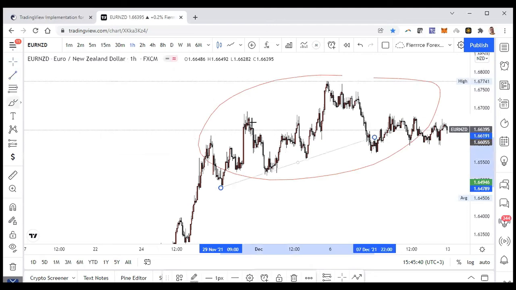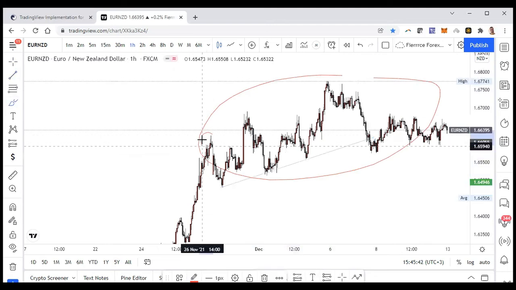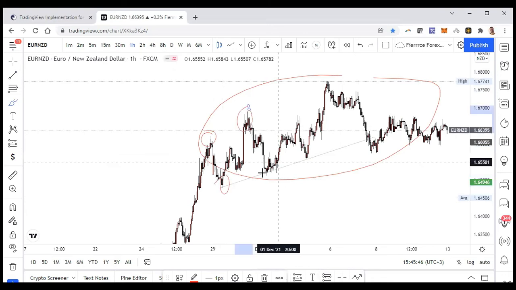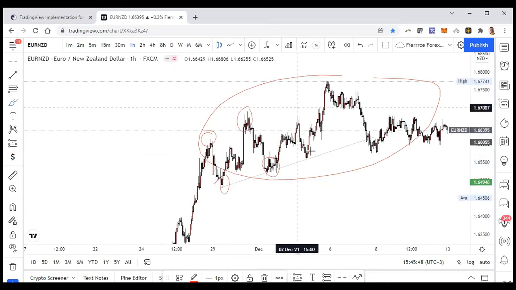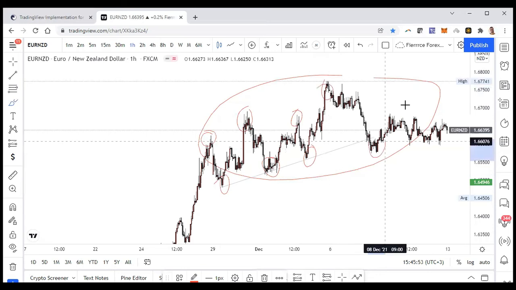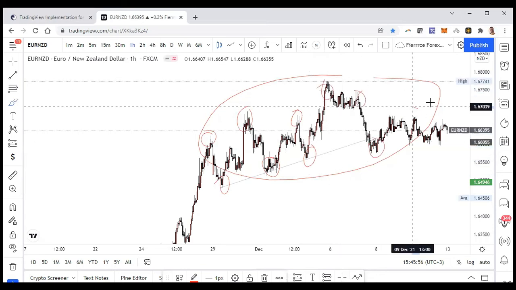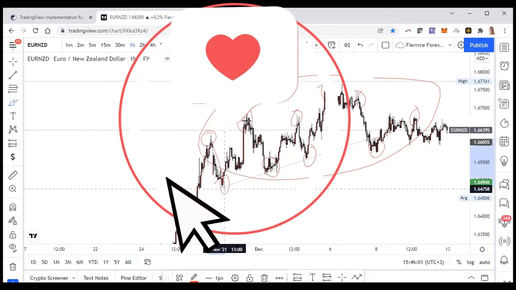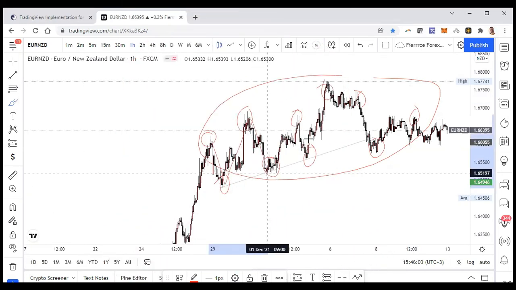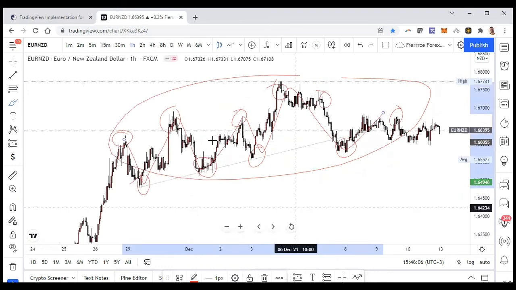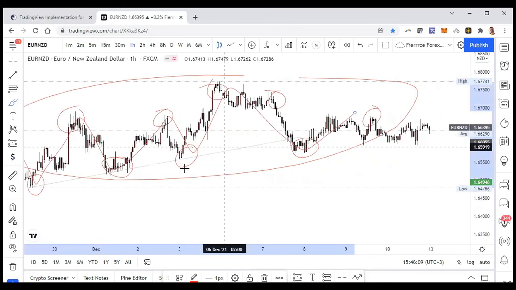We can see very clearly we came from this high to this low, to this high, to this low, and so on, and then now we started forming lower highs here. So technically we are moving like this, like this, like this. Okay, so I hope this is making some sense.